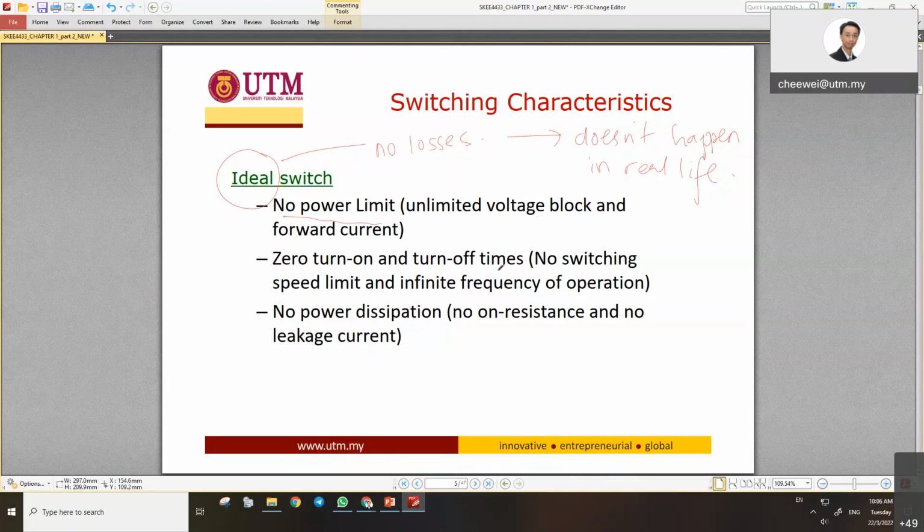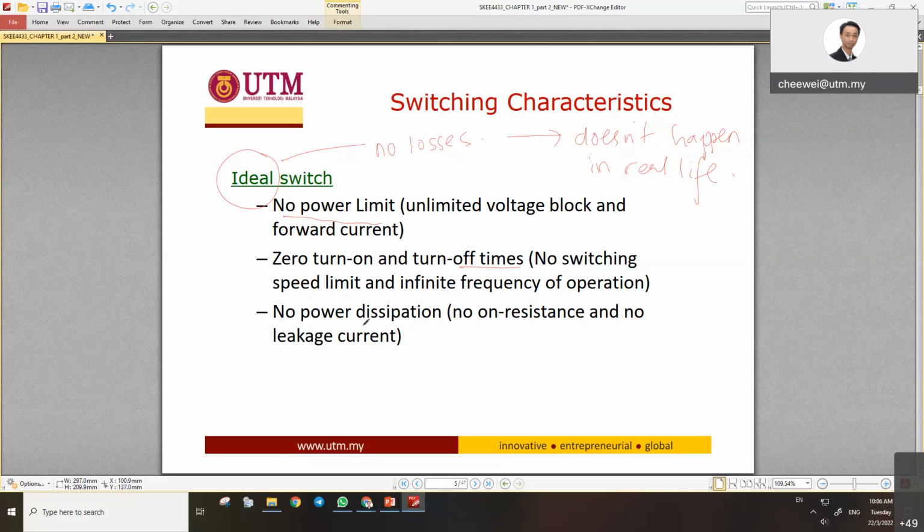Zero turn on and turn off times. No switching speed limit and infinite frequency operation. Nope. In real life, you buy a thing, you turn it on and off maybe 1,000 times. Oh, broken. But in the ideal case, it doesn't break. It will be able to work infinite times, right?